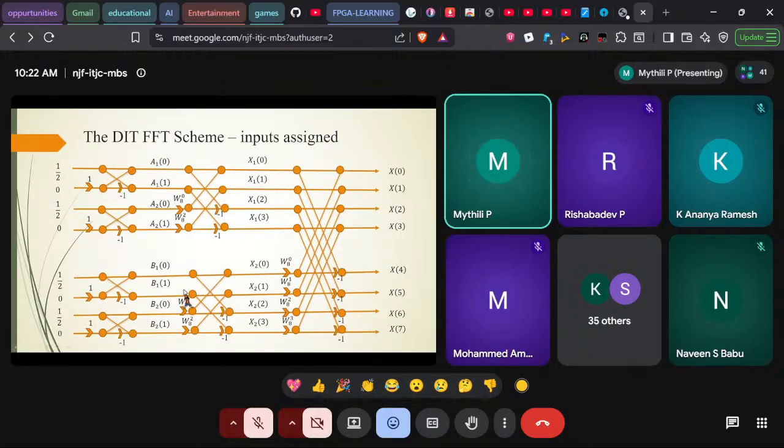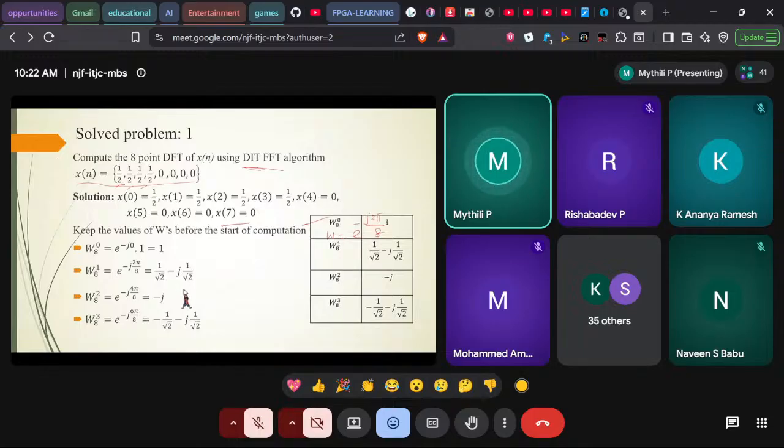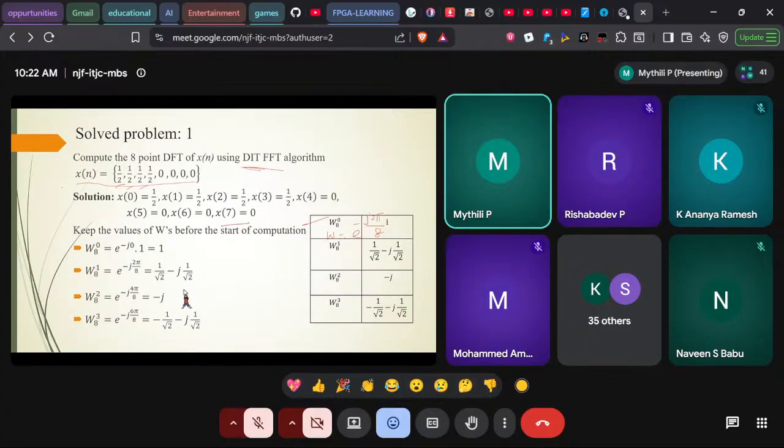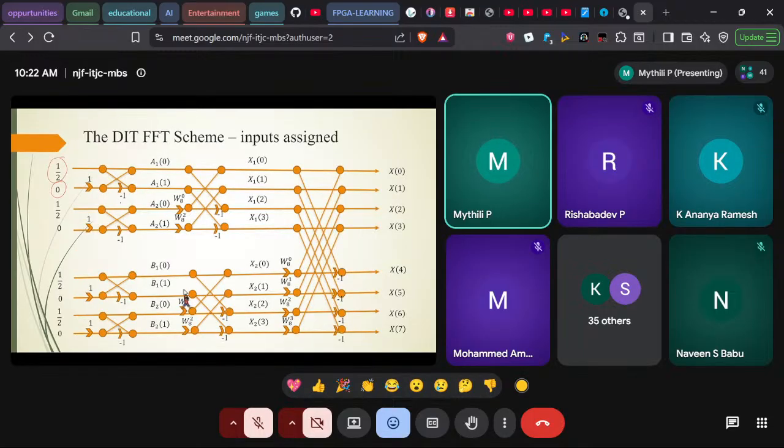And you can see the first value, that is half, is X of 0. Then this is the 4th value. 1, 2, 3, 4. The 4th value is 0. Okay. Then the next one: this is X of 0, X of 4, this is X of 2, X of 6, like this.